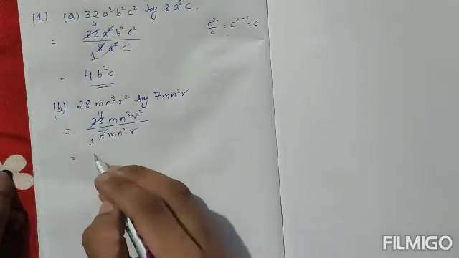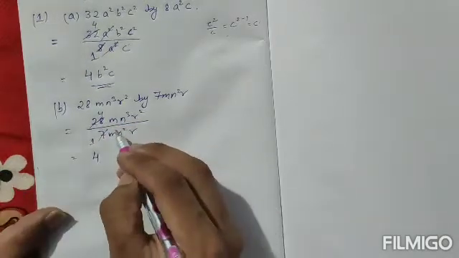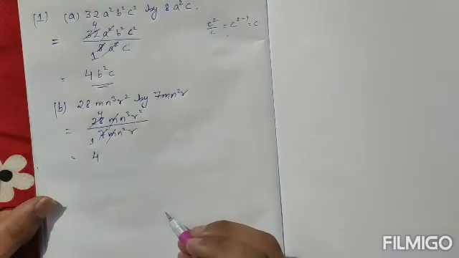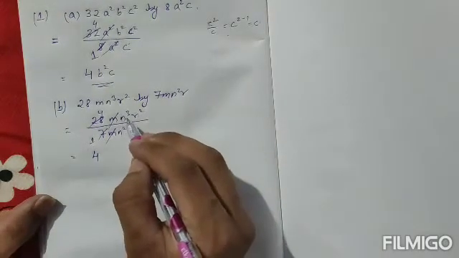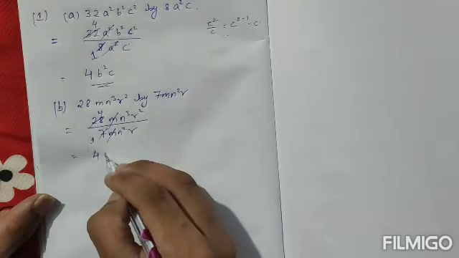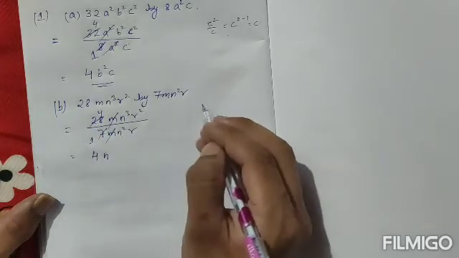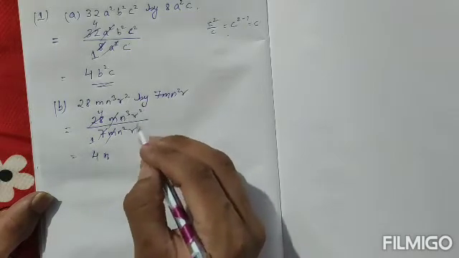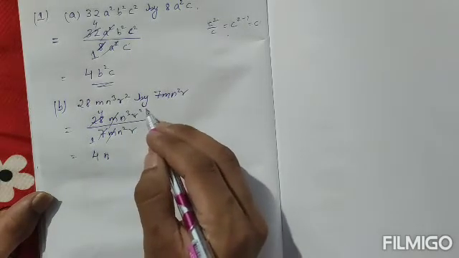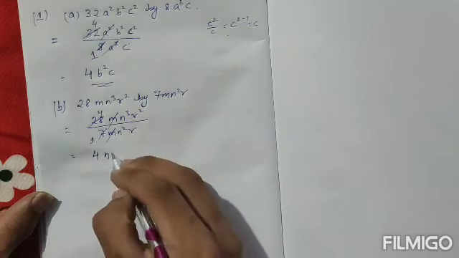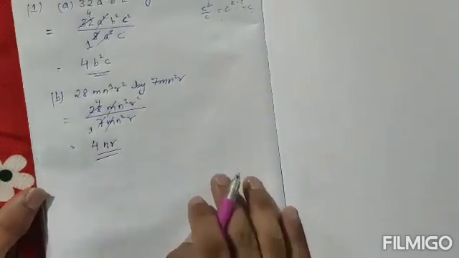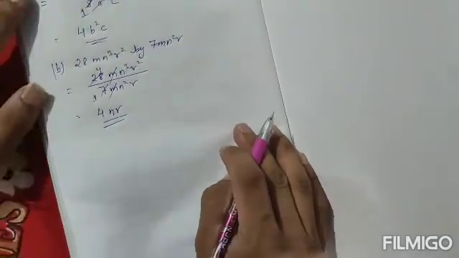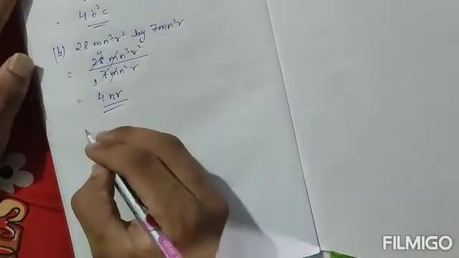So from here the constant is 4, and m and m will be cancelled. Now n cube by n square is n to the power 3 minus 2, that is n to the power 1, meaning n only. Here also r square by r is r to the power 2 minus 1, that is r. So what is the answer? 4nr.